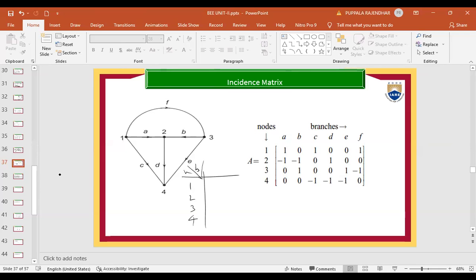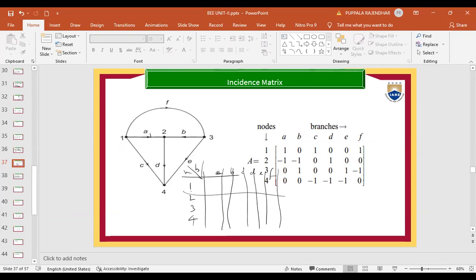Total branches A, B, C, D, E, and F. Okay. Now, node 1 to element A.